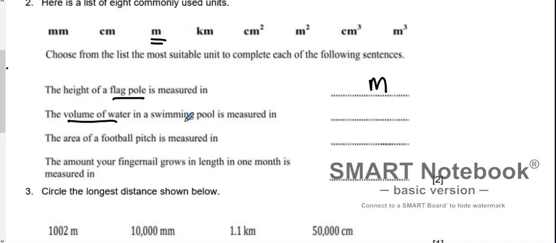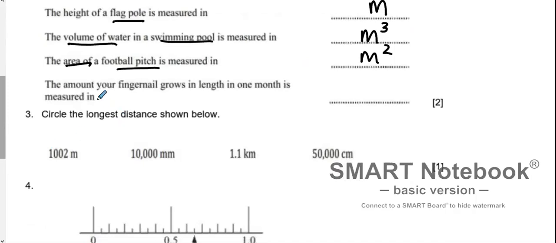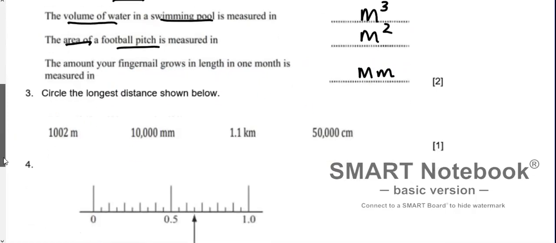The volume of water in a swimming pool is measured in cubic meters. The area of a football pitch is measured in square meters. And you keep going. The amount your fingernail grows in length in 1 month is estimated to be in millimeters.